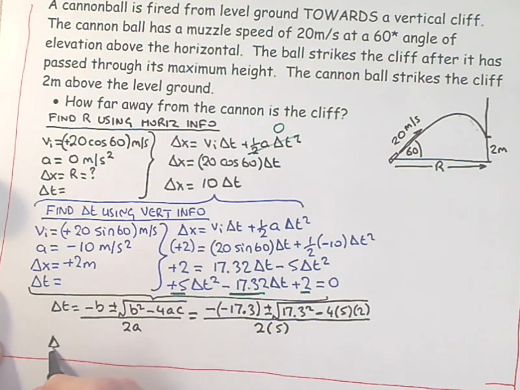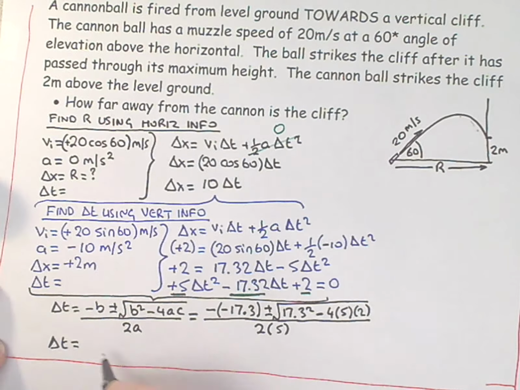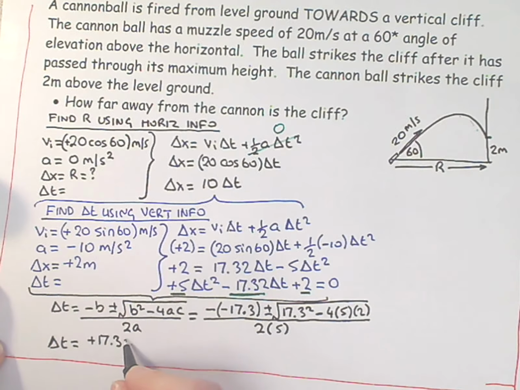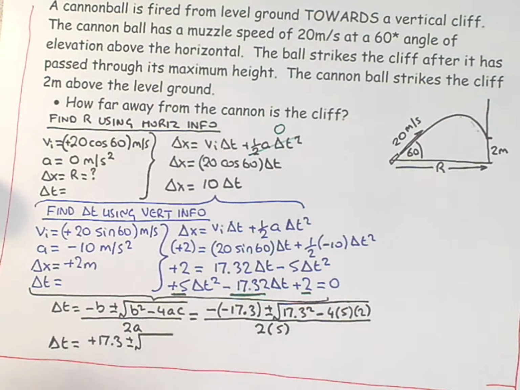So delta t, I hope I can get this fitted in, is equal to plus 17.3 plus or minus the square root of, let's do this on our calculator, 17.3 times 17.3, there's my 17.3 squared, minus bracket, 4 5s are 20, and 2 20s are 40.